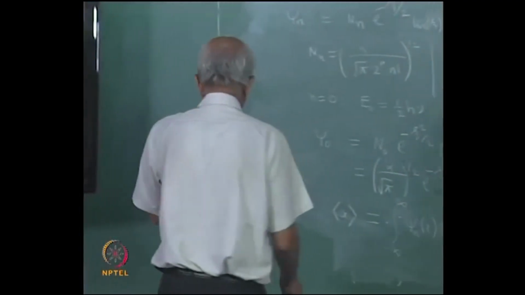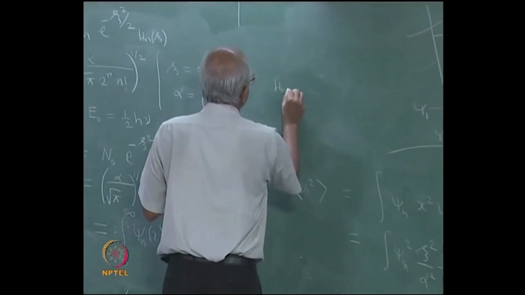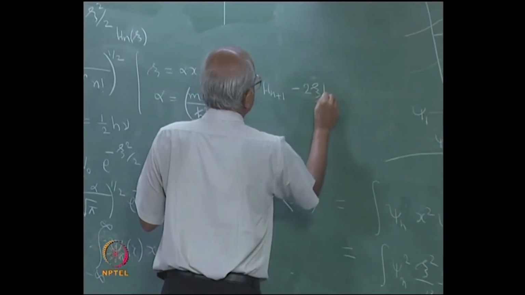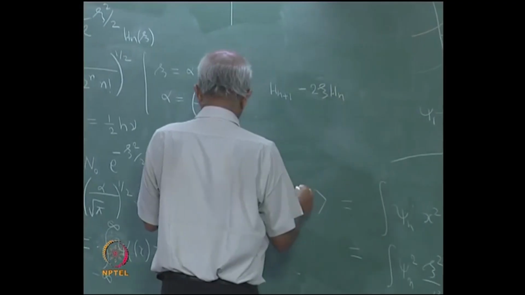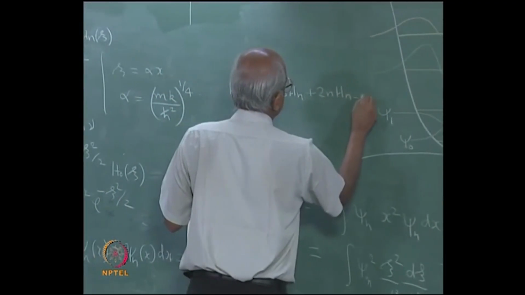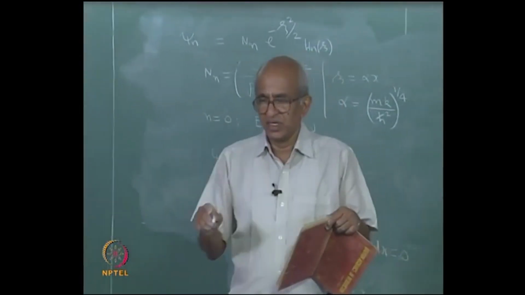I had shown this in the morning. It says that H n plus 1 minus 2 c H n plus 2 n H n minus 1 is equal to 0. This is an identity that we had derived in the morning.